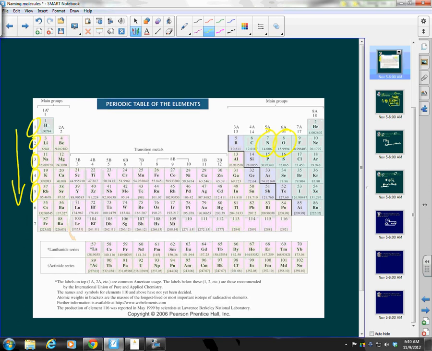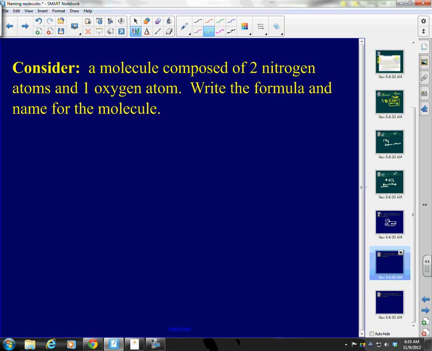Oxygen is here. What's my decision? Well, first I look at group. Which one is from the lower group? Nitrogen's the lower group. So I'm going to put nitrogen first, followed by my oxygen. And I put a 2 for my nitrogen, nothing for my oxygen. And then what? It's going to be dinitrogen.